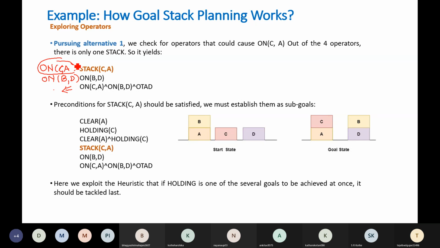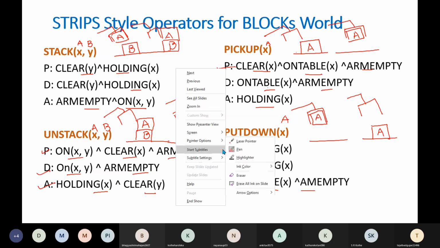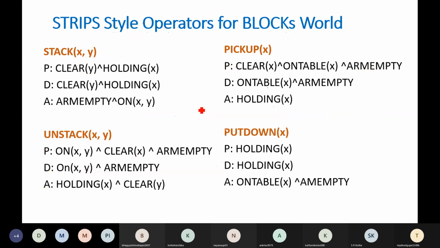To satisfy on CA, how will the robot arm find out? The process is, out of the four actions that we have specified, find out how you are going to get this on CA true. So go back. Now remove this. What we want is this on CA true.